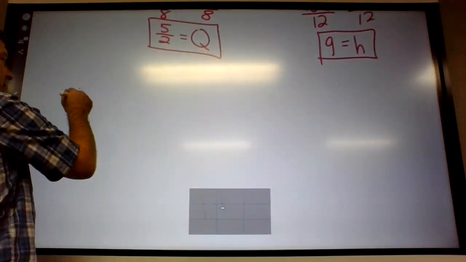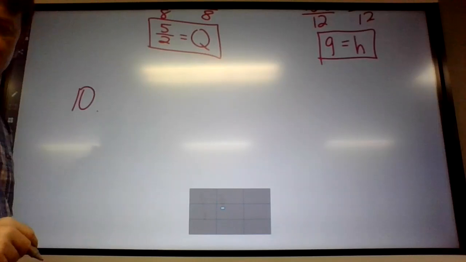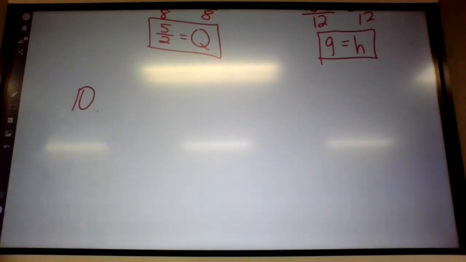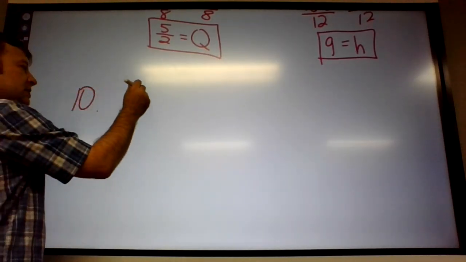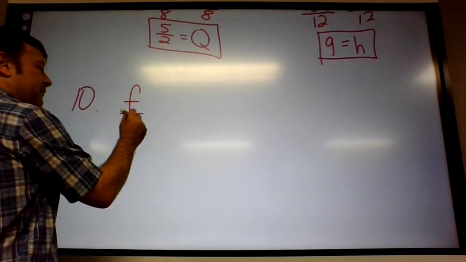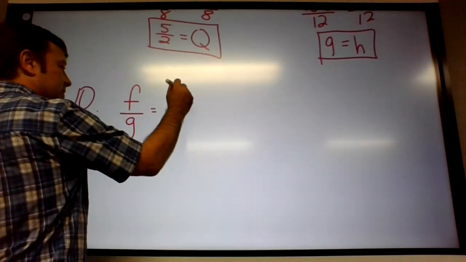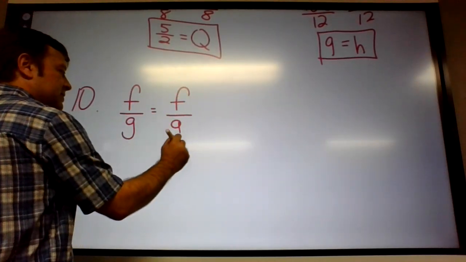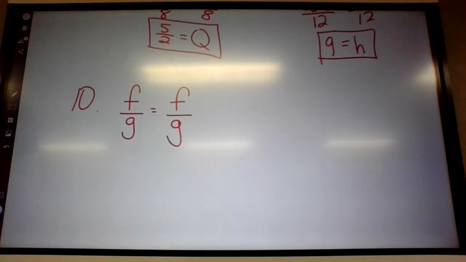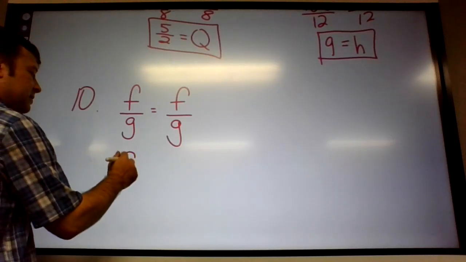So on number 10, it says F varies directly with G. So it's F over G equals F over G. When F equals 8, G equals 12.